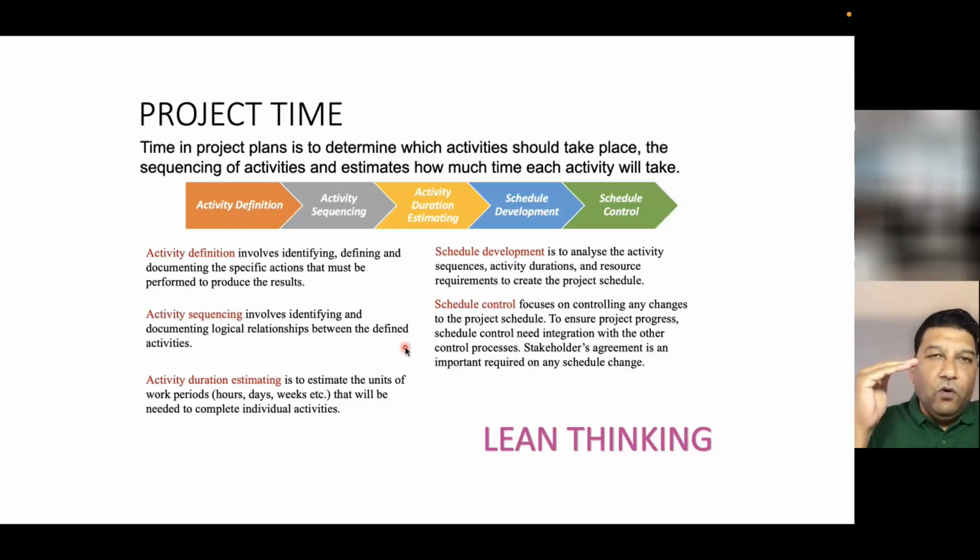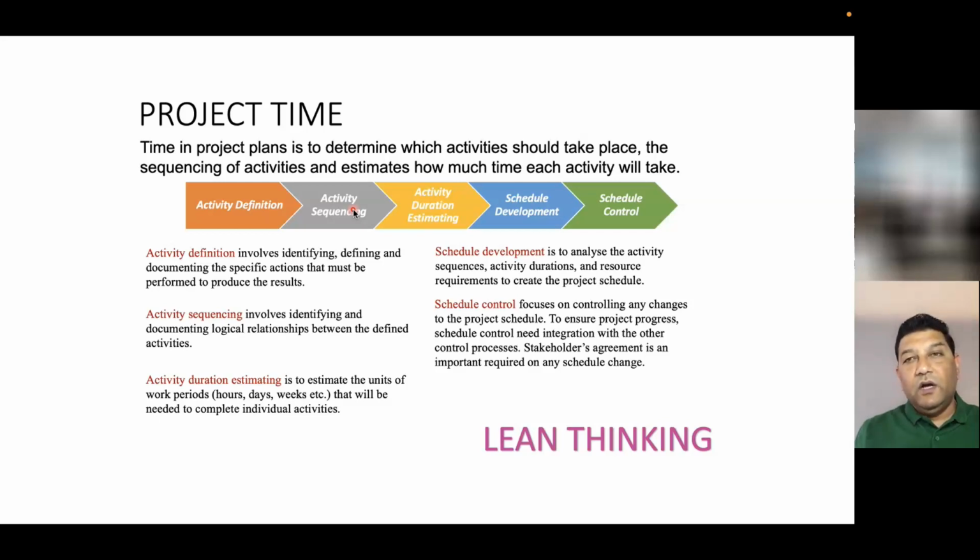Based on all the activities, what do you need first? So, activity sequencing: what do you need first to demolish a building? Obviously, you need to appoint a contractor. And with that contractor, what other activities do they require, or do you require? You might need to appoint transport services as well to take the waste out.